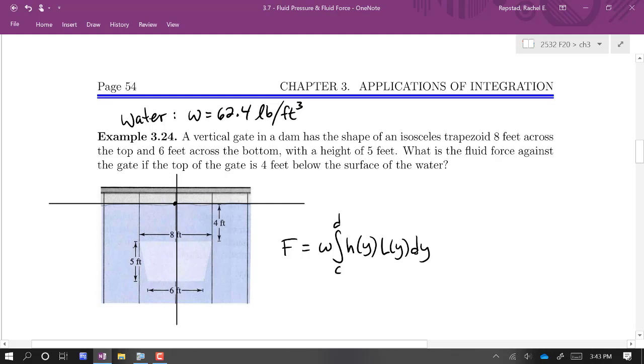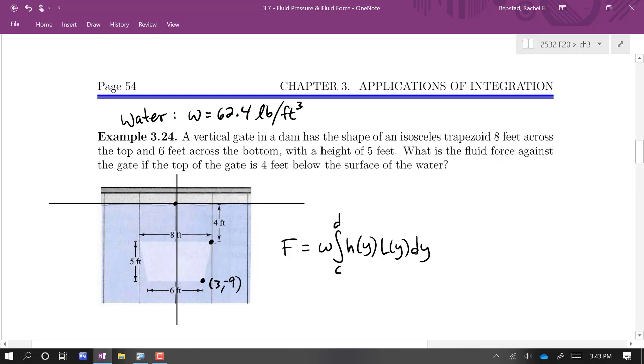And now that we have coordinate axes, we can figure out what coordinates of some points are. For example, this point here at the bottom right, that's going to have an x-coordinate of 3. And a y-coordinate, let's see, it is a total of 9 feet below the surface, so that's a -9.